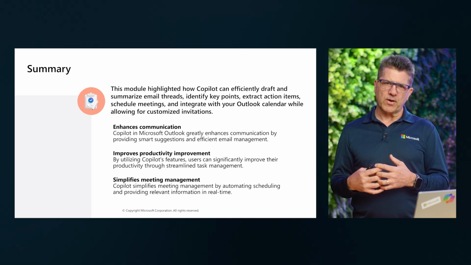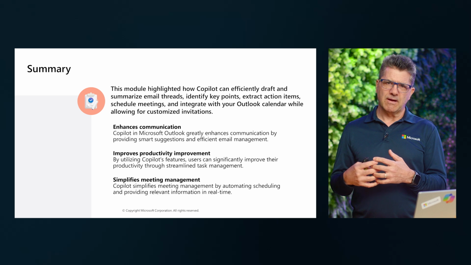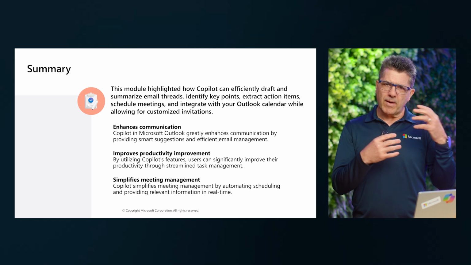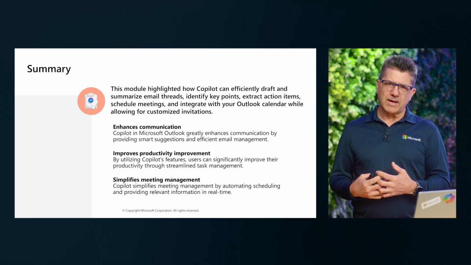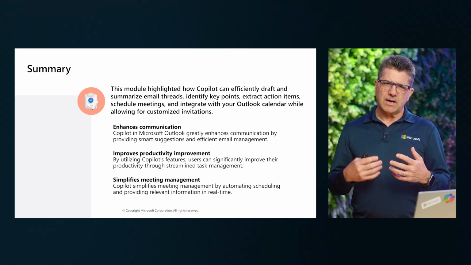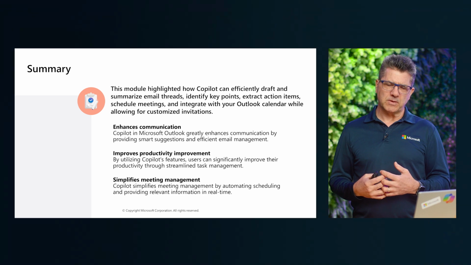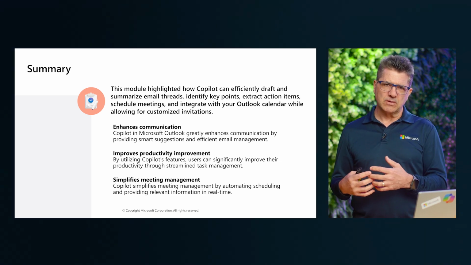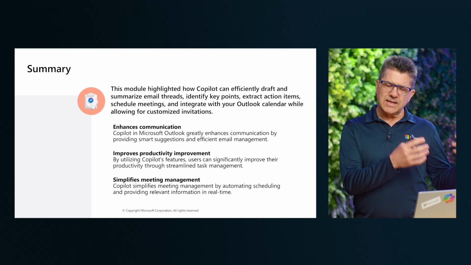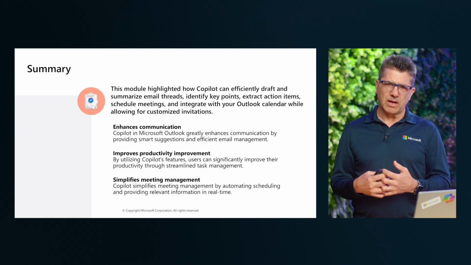Also improving our productivity in terms of managing my content, my tasks, my calendar, and of course simplifying the meeting management, identifying times in our schedule, identifying the agenda, the teams that I can meet, and being a lot more proactive in real time.